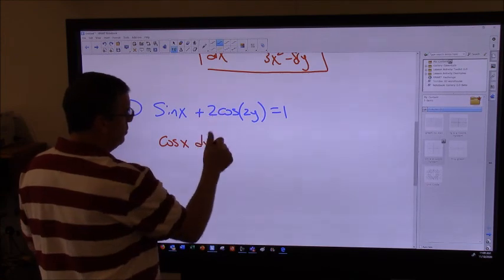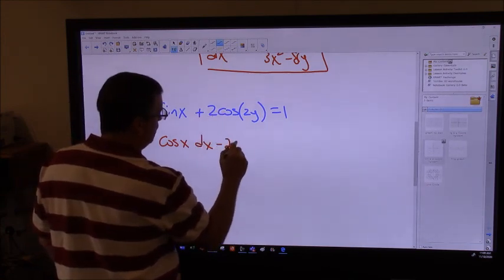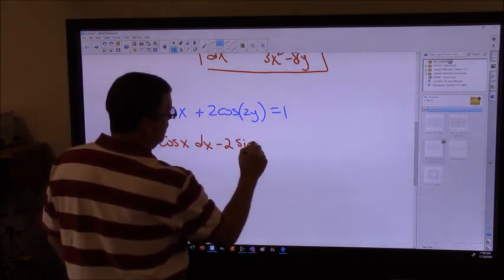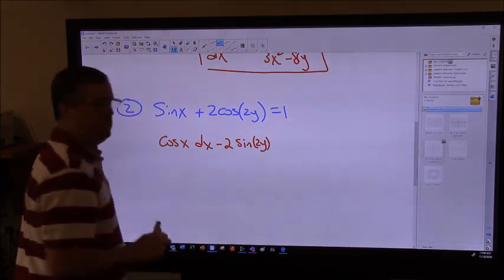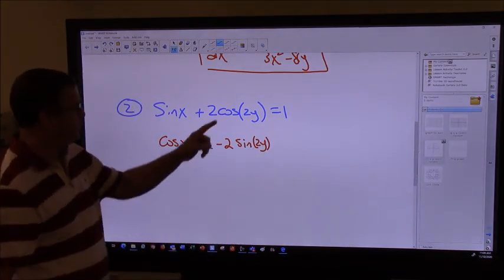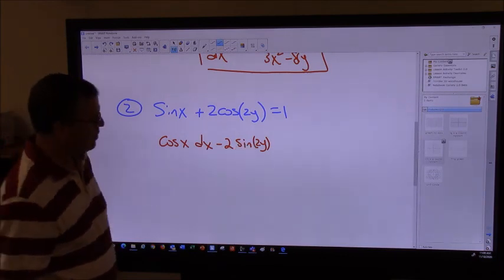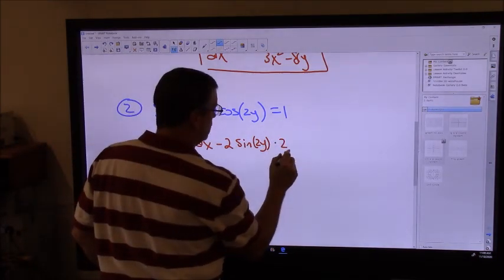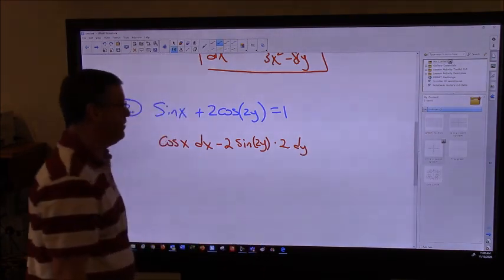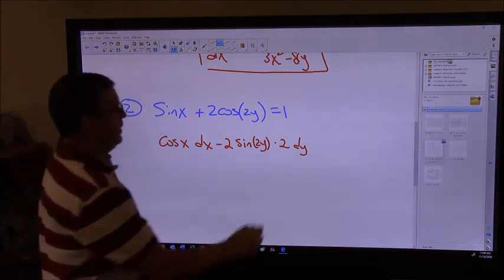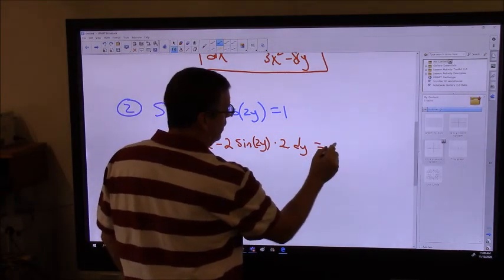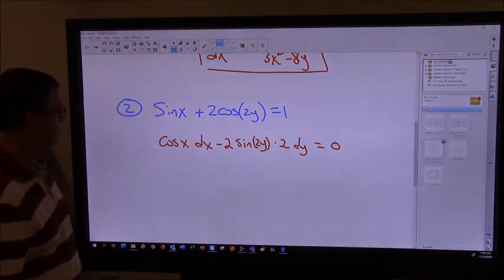So a positive 2 times a negative sine, that'll be a negative 2 sine of 2y. Remember, the angle doesn't change when you do the derivative of the trig function. But then I need to go back and do the derivative of the angle, which is going to be 2, and I just took the derivative of a y variable. And then that equals, the derivative of 1 is 0.